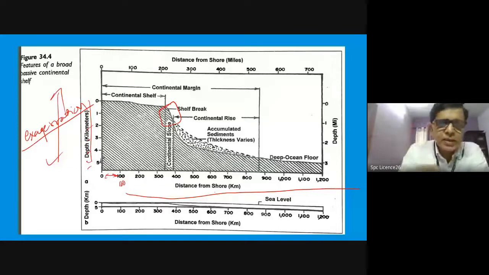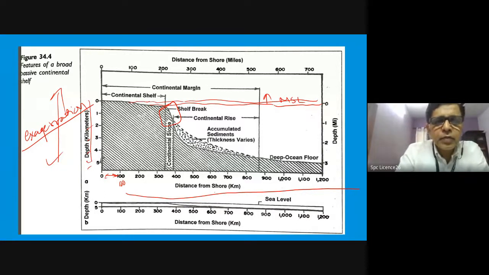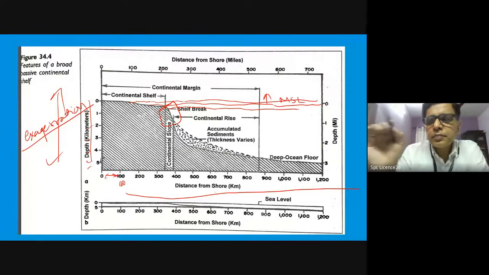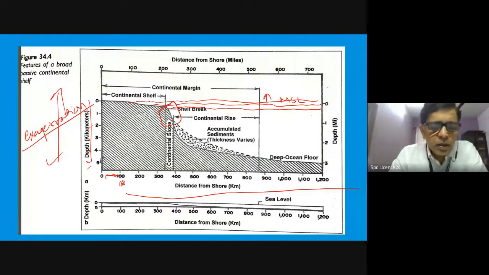But as I said, if this is the present mean sea level, a rise in this, let us say even by a few centimeters, will encompass a significant amount of land under it, and of course a fall in it will open up some areas as well.